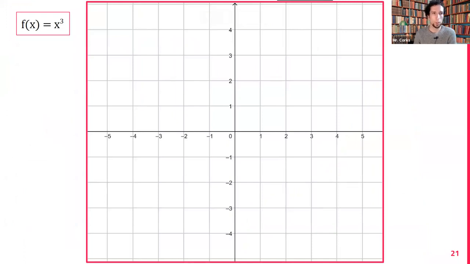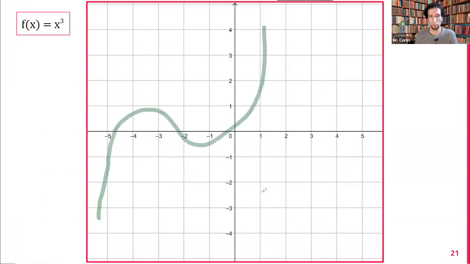Okay, so let's think of some cubics. That'll be easy enough to show. So a cubic could have, as we showed in class, this shape.